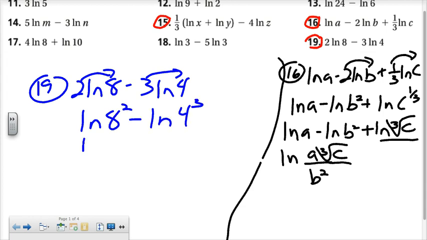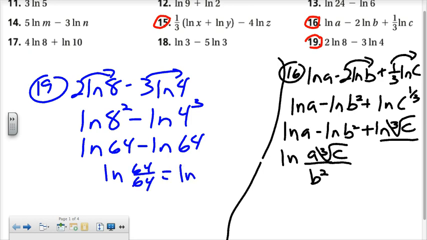Well, the natural log of 8 squared is the natural log of 64 minus the natural log of 4 to the 3rd, which just happens to be 64. So subtraction means division. We are supposed to find the natural log of 64 divided by 64, which of course is the natural log of 1. Love it when things like that happen as you're going through these problems.